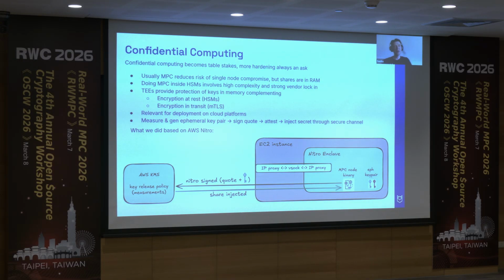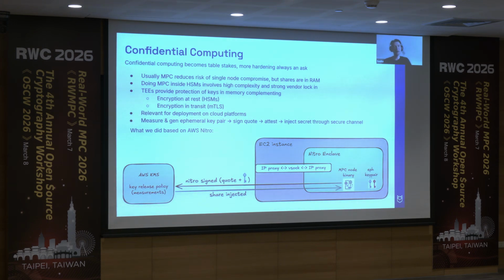So what we implemented first was a confidential computing stack using AWS Nitro, where, briefly, we have our MPC node running inside a Nitro enclave. And we are leveraging the full cryptographic attestation flow provided by AWS Nitro.